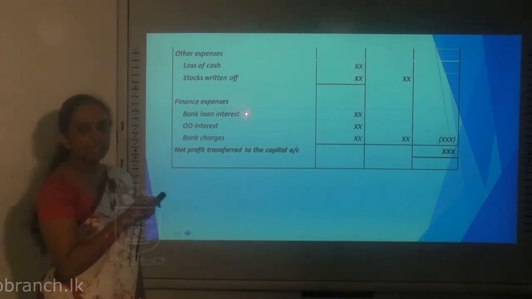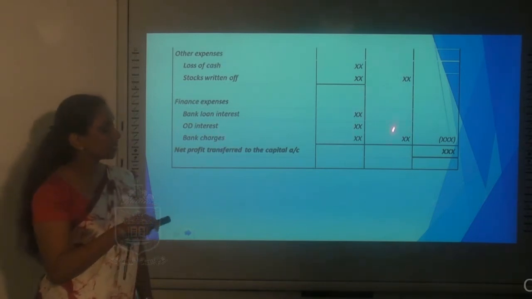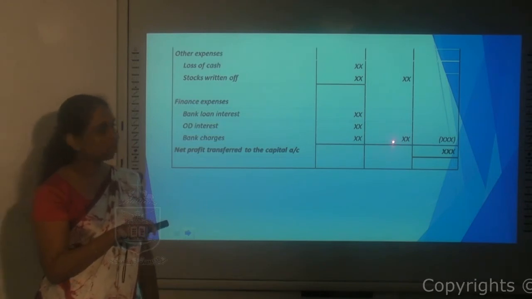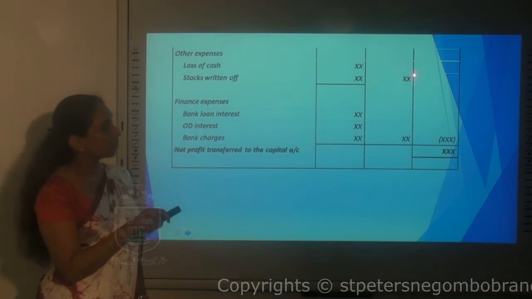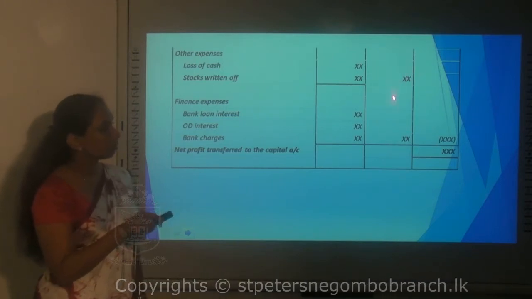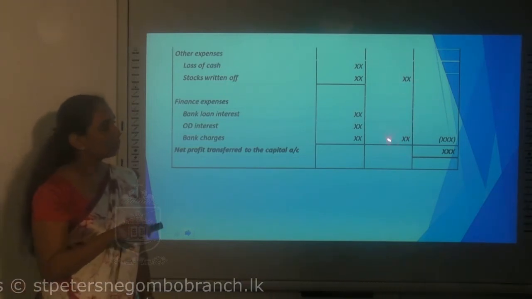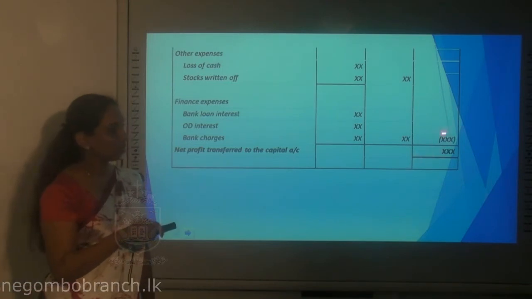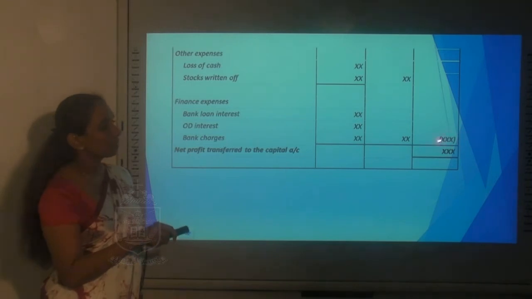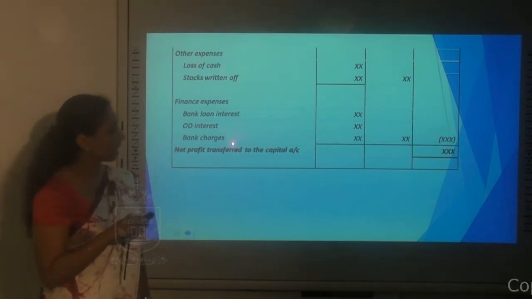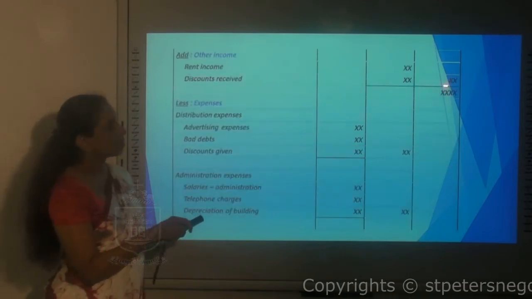Also the finance expenses, the individual expenses are mentioned in the first column and the subtotal will be taken into the middle column. The 4 expense categories will be added again and that total will be taken into the last column. And the total of these four expense categories will be deducted from this figure.